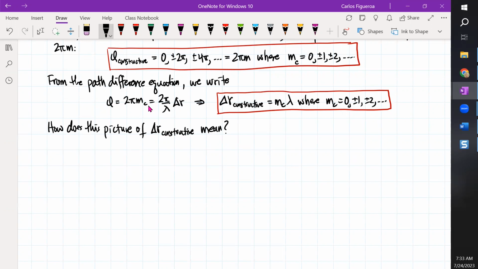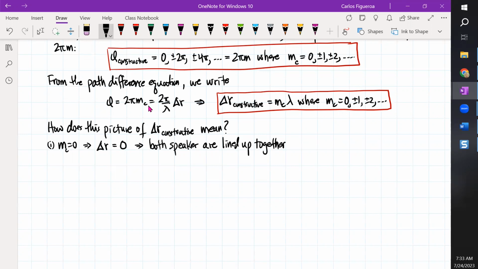The first thing we'll look at is m_c equal to 0. That immediately implies that the path difference has to be 0. So that means both speakers are lined up together.